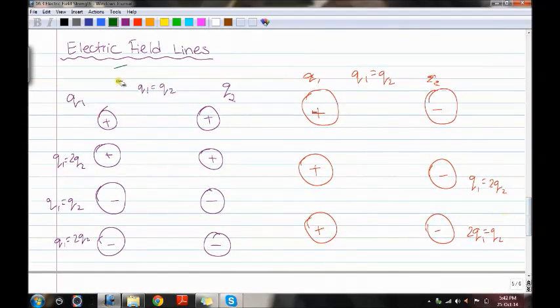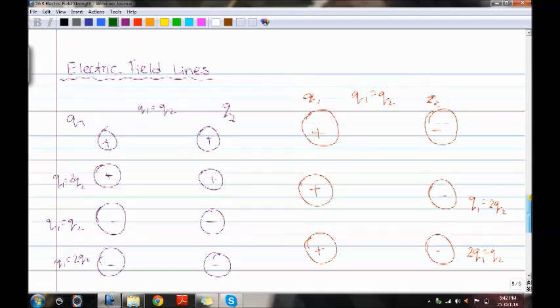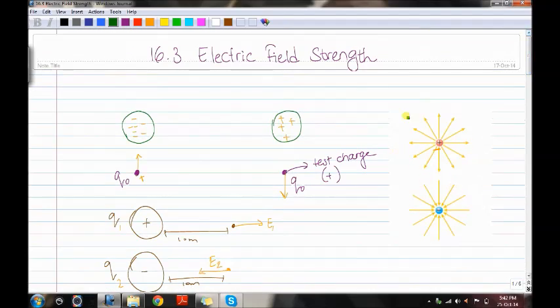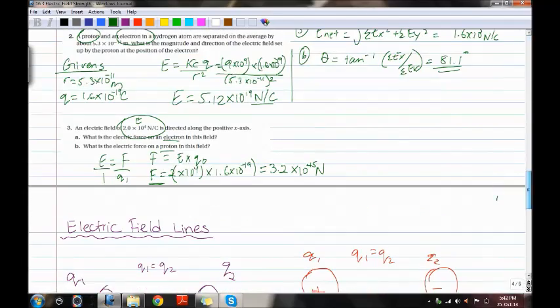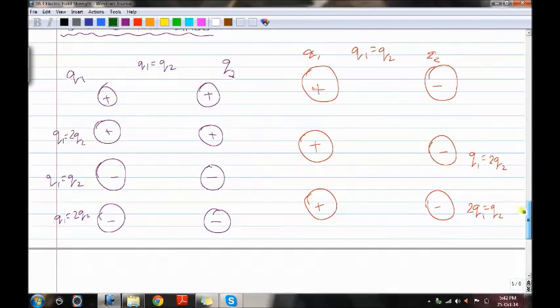Now we move on to how to draw the electric field lines. If you want to try to solve those questions, you can go back to the picture on the first page. As you can see here, the lines move outward from the positive charge, while for the negative charge they are directed inward, toward the negative charge. So the first one here, Q1 equals Q2, and it's positive. So remember, it would be like that.